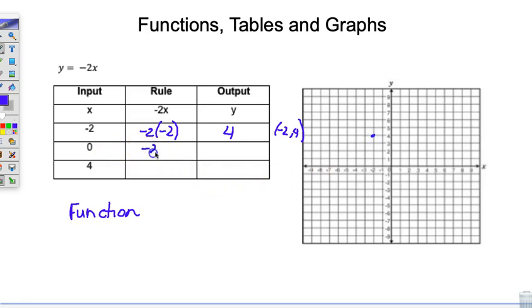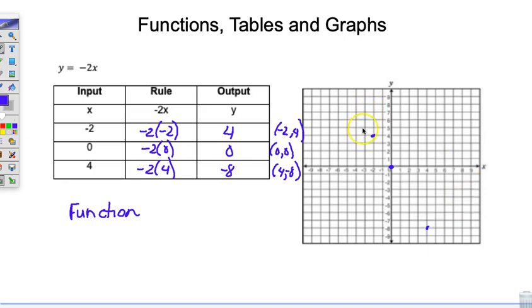In the next one, x is 0, so 0 times any number is automatically 0. So it looks like the next point I'm going to graph, 0, 0, happens to be at the origin right there. And the last one we have 4, so negative 2 times 4 is negative 8. So I'm plotting 4, negative 8, starting at the origin, moving right to 4, and down to negative 8.